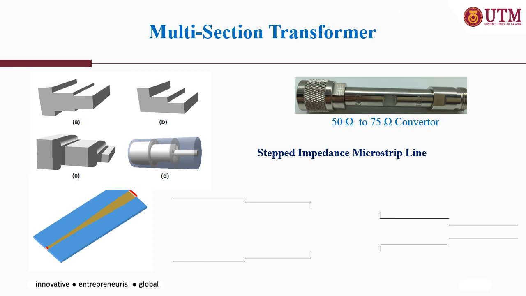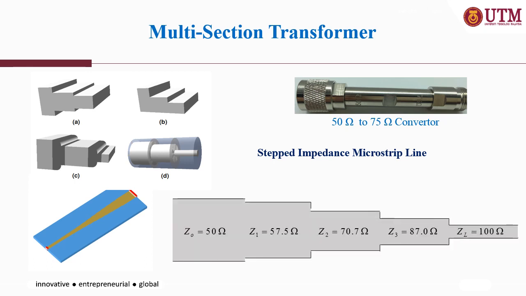The figure shows the multi-section transformers. It can be a step transformer, and it could be within the cable as well. In terms of microstrip antenna design, in this one of the converters, if you can see the value here, a 50 to 70 ohm converter.